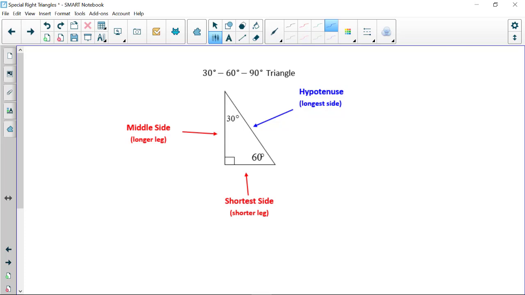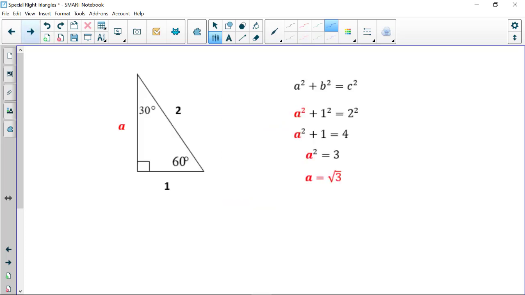The longer leg is opposite the 60-degree angle. So the shortest is opposite the 30, the middle length is opposite the 60, and the longest is opposite the 90.